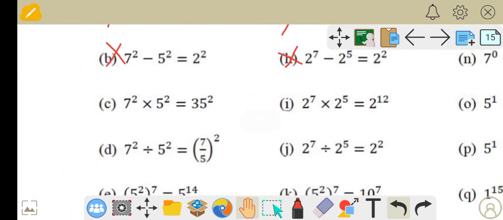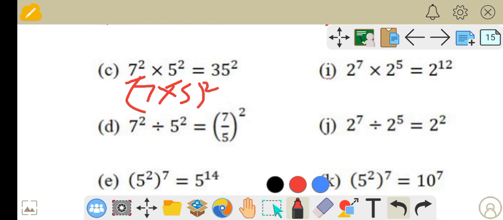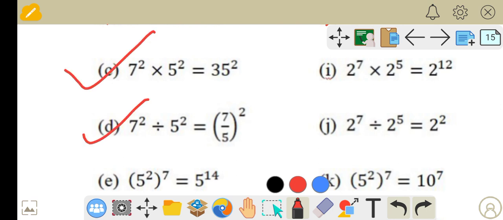Now next, when we have the same exponent, then the exponent should be taken as common, so it will be 7 into 5 to the power 2, and 5 to the power 2. So this statement is correct. Now the next will be correct by the same logic.